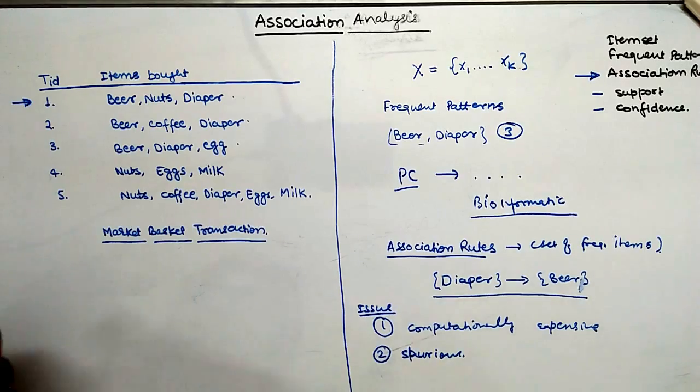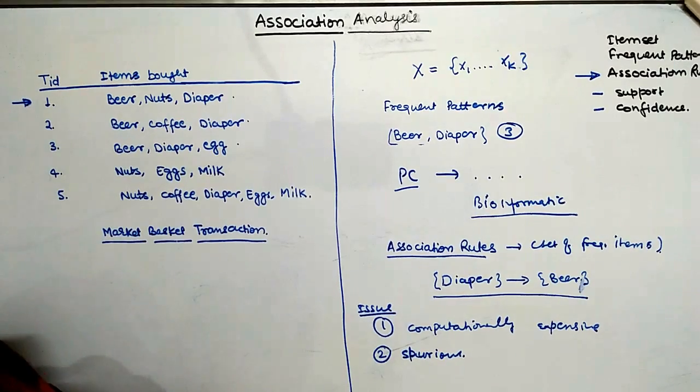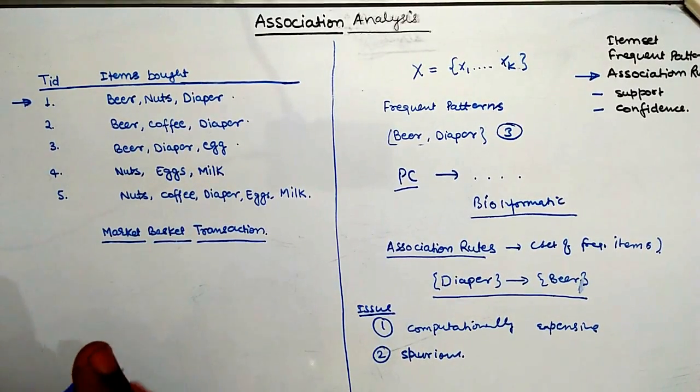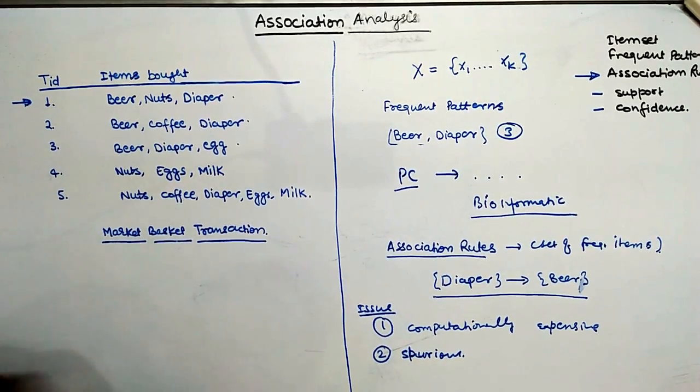It is not always possible for things to happen in real life according to the rule. So these are the two key issues when we are dealing with association rule mining, or with sets of frequent items.